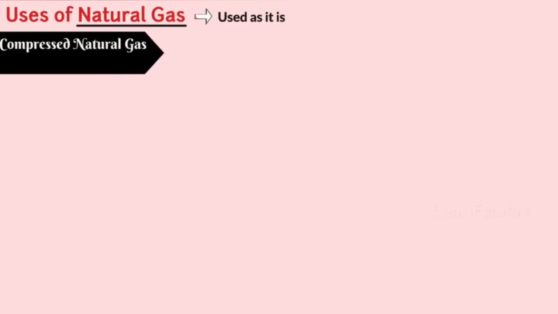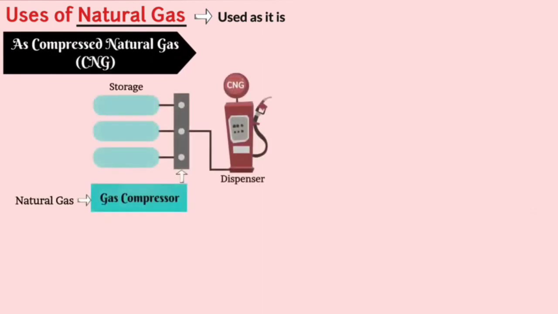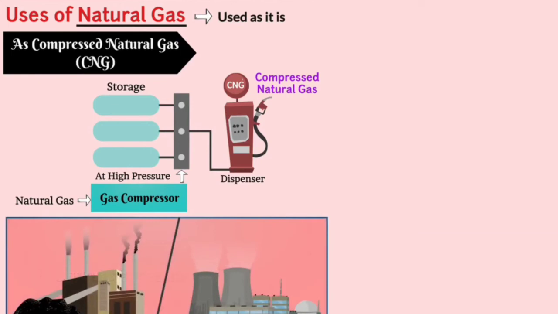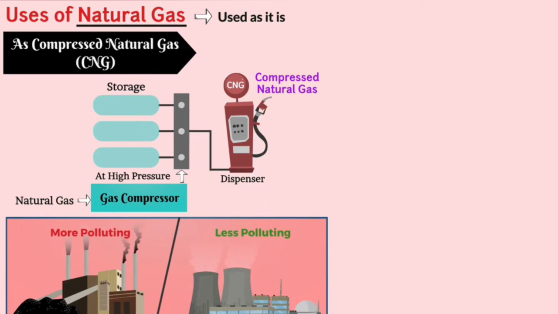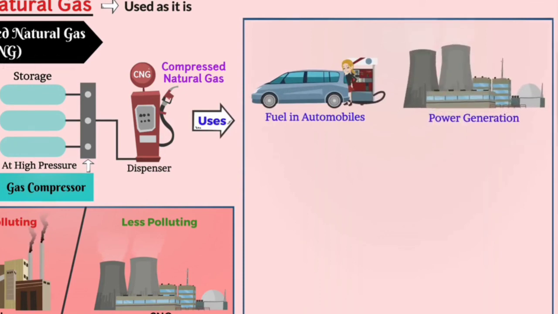Natural gas stored at high pressure is compressed natural gas, CNG. The fundamental advantage of using CNG is that it is less polluting. It is used as fuel in automobiles and for power generation.